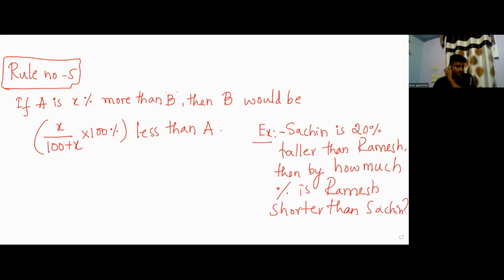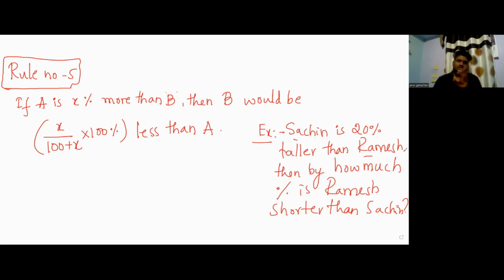Understood the question? Who is taller among Sachin and Ramesh? Sachin is taller. Sachin is 20% taller than Ramesh. Then by how much percentage is Ramesh shorter than Sachin?